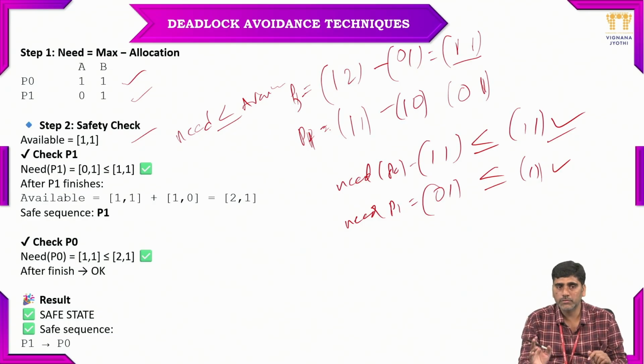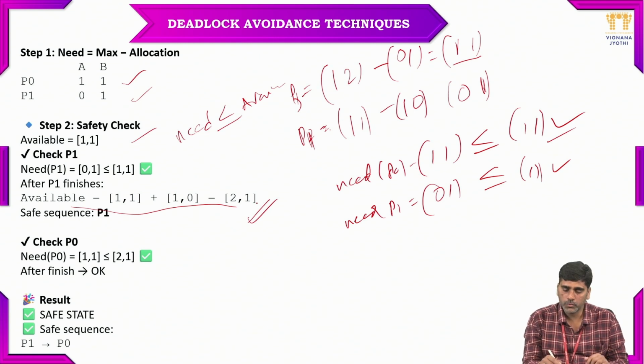If the condition is satisfied, then it allocates, and after utilizing the CPU, it releases it. So the total available resources after the processes finish is 1, 1 plus 1, 0 equals 2, 1. So the total available resources after completing the CPU utilization of the P1 and P0 processes is 2, 1.